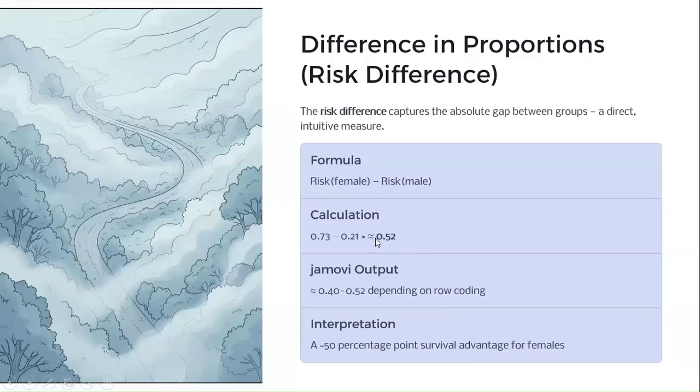That means there is about a 50 percentage point higher survival probability for females compared to males. In Jamovi, this appears as difference in two proportions. The exact sign and value depend on which row is taken as reference. But the key point is that there is a very large absolute gap in survival between the two sexes.